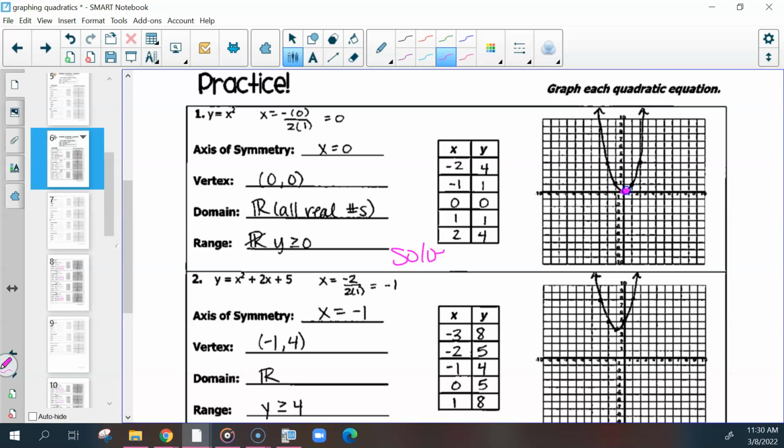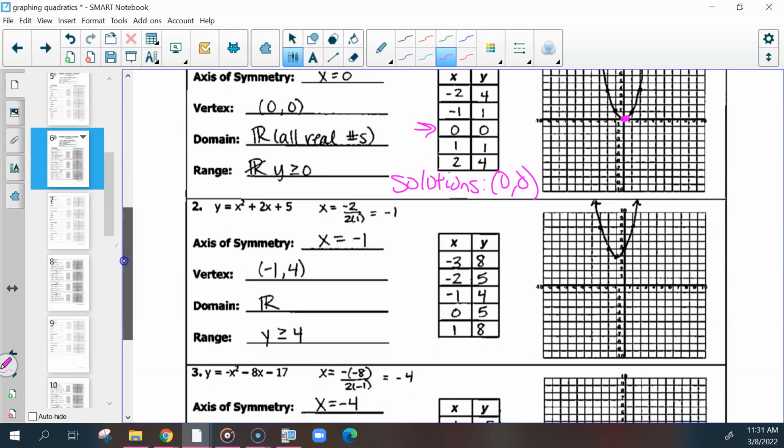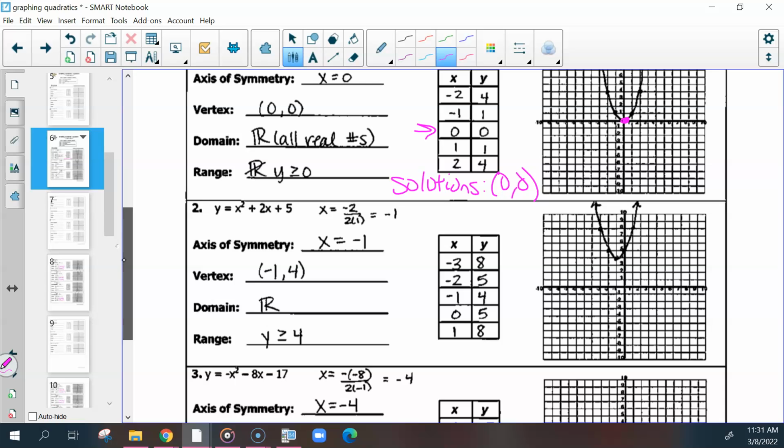0, x-intercept, all of those are interchangeable. But this one would only have 1, and we would write that as an ordered pair. Sometimes you'll be given these solutions in your table also, so be on the lookout for that. Or number 2, does this cross the x-axis?